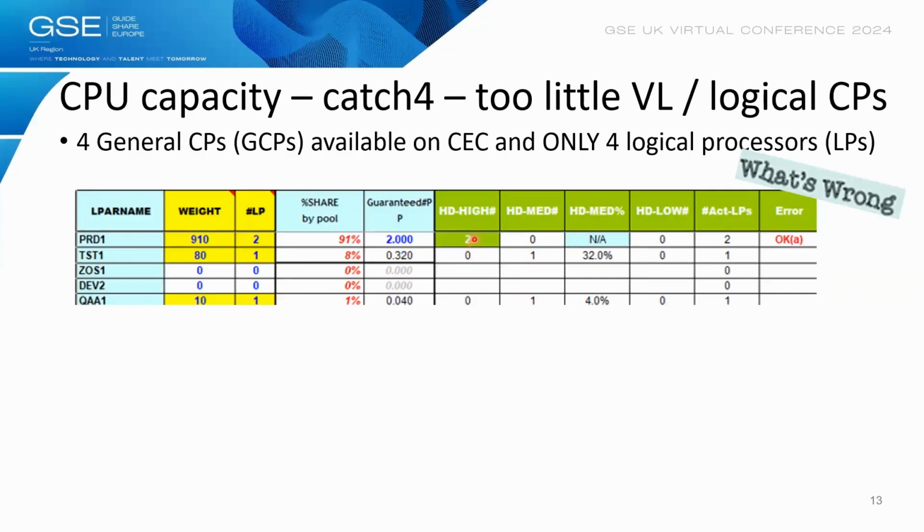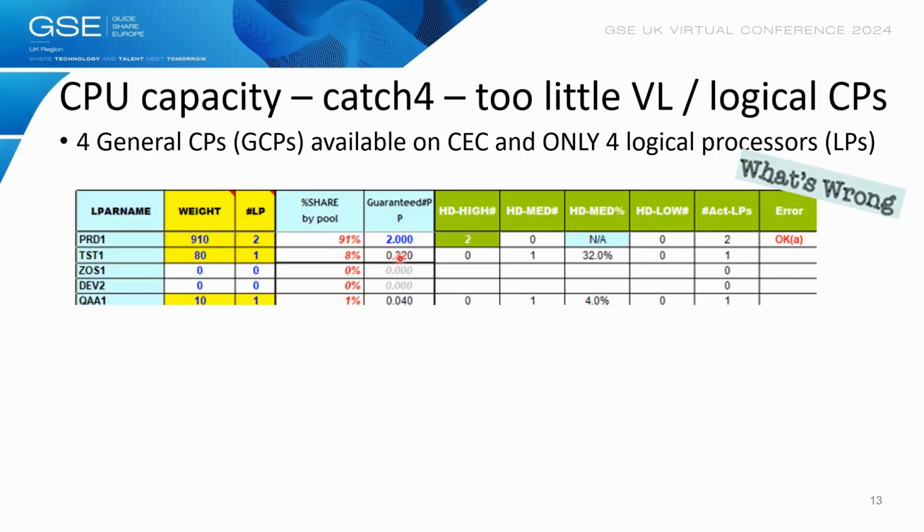And the ones that we had spare left were only 2 vertical highs, right? So instead of having 91% of the capacity of the machine, which was 4 CPs, we only have 2. So that was kind of wasted, right? That was a misconfiguration because this customer only had 4 logical processors, so they cannot map fully to reflect this 91%.